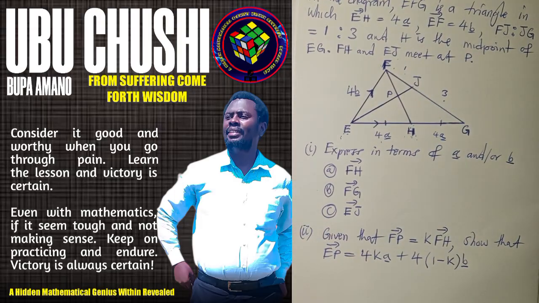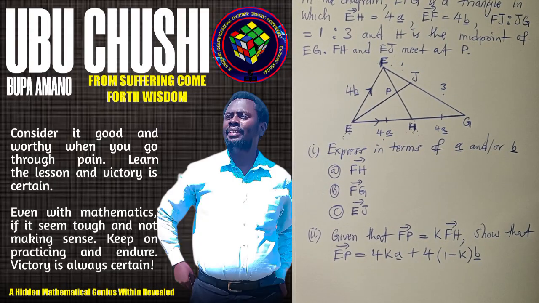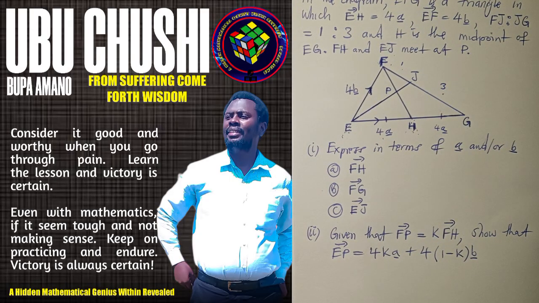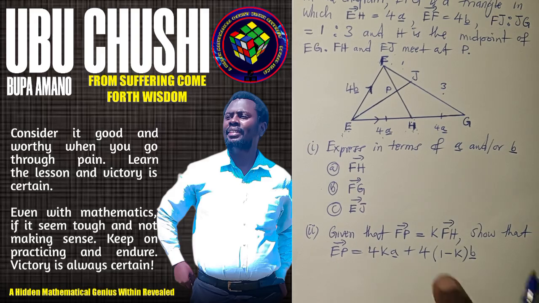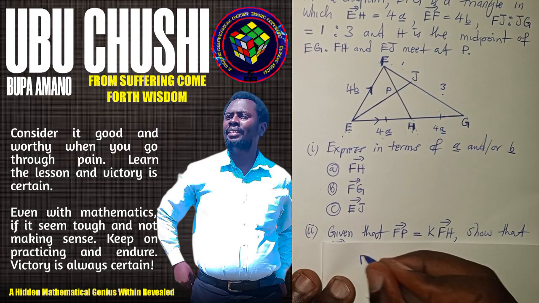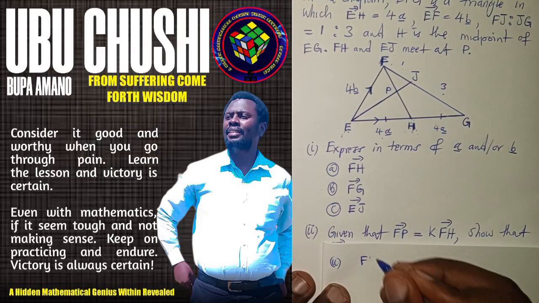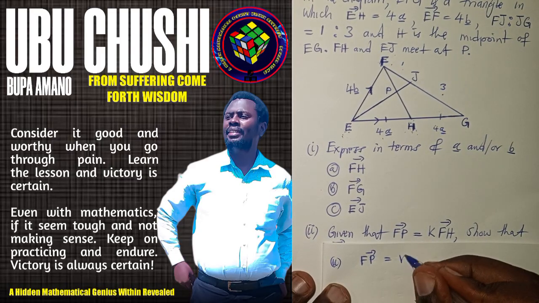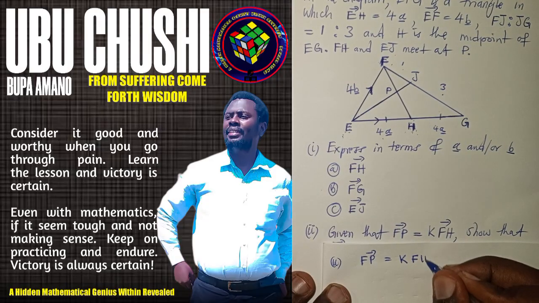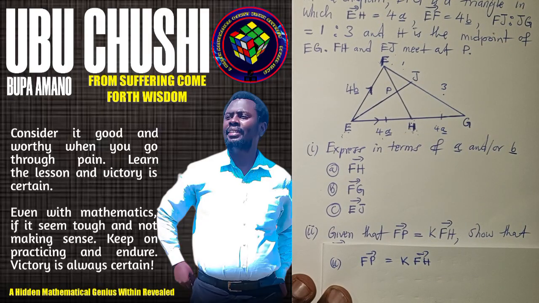The last question, we are told that given that FP is equal to kFH, show that EP is equal to that. So first thing, let us work out what is given here. Okay, so we are told that FP is equal to kFH. Okay, so do we have FH?